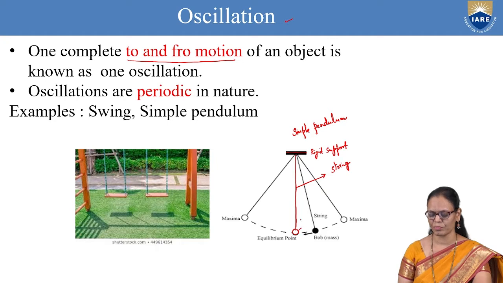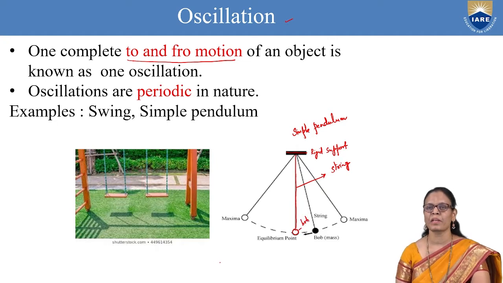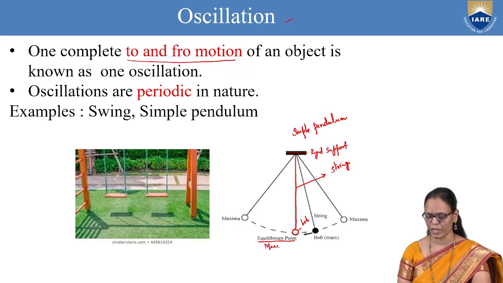Now when we are just suspending this bob with the help of a string from a rigid support, we say this is the equilibrium point, or we also call it the mean position.